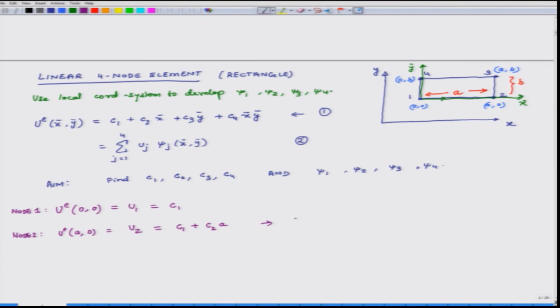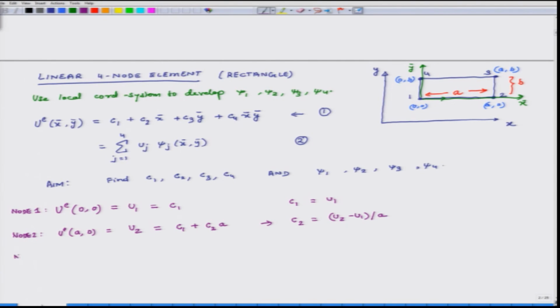So, this gives me C2 is equal to U2 minus U1 divided by A. Okay. This gives me C1 equals U1.